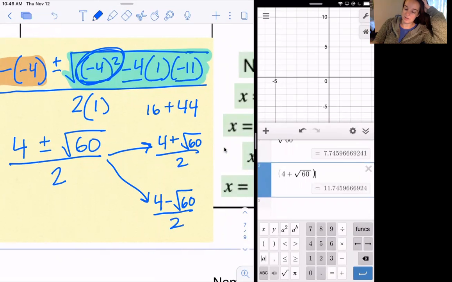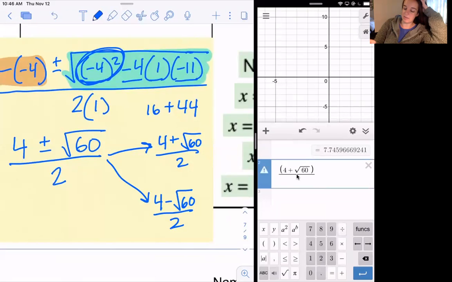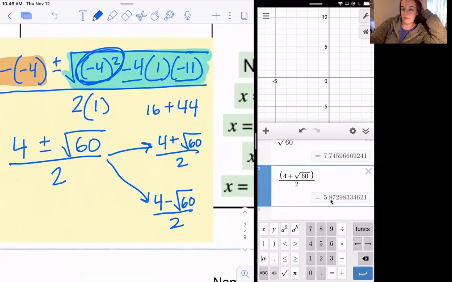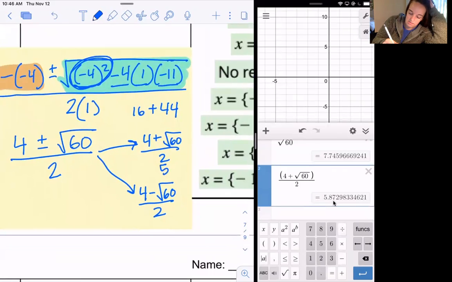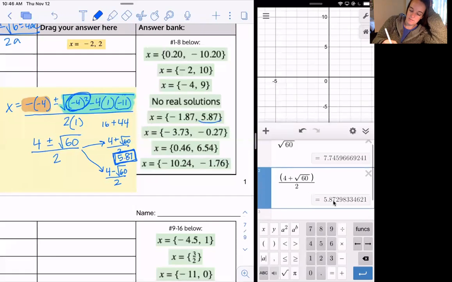I'm going to put this in parentheses to show that that goes together first, and then I want to divide by 2. Right, so I have 5.87 is my first answer. I see 5.87 is here, so I think I'm on the right track.